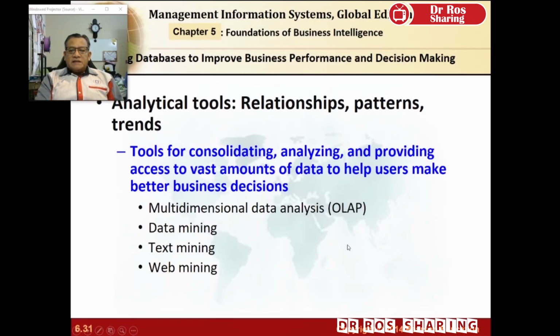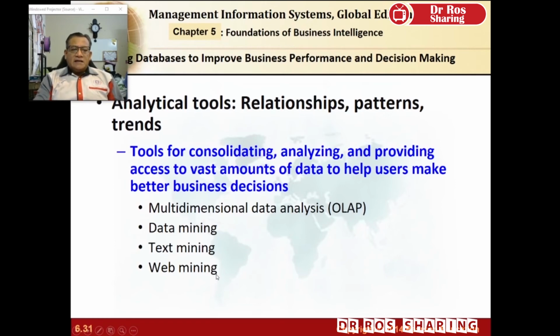Analytical tools basically use relationships and patterns and create trends so that they could consolidate, analyze, and provide access to very big data for users to make better and more accurate decisions, in which they can make use of multi-dimensional data analysis or OLAP, data mining, text mining, or web mining.